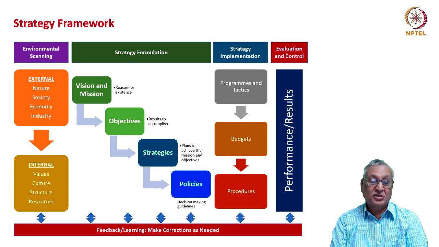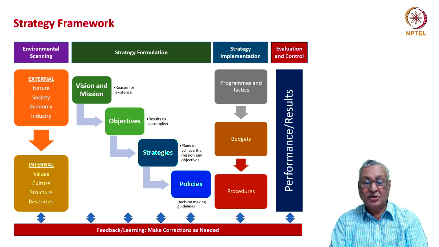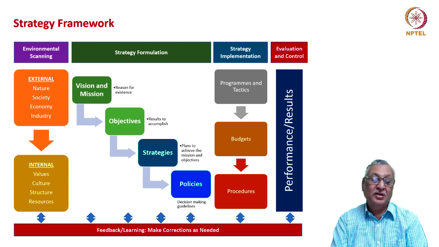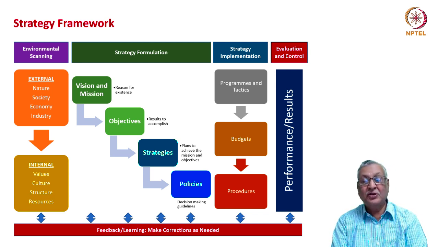Depending on this analysis of results, we have a feedback loop going all the way to the strategy formulation start. This feedback learning can occur from any aspect of this framework. However, typically when you measure the results or when you measure the efforts, you understand how we need to do the corrections. Similarly, when you repeat our external and internal analysis, then also we will get feedback.